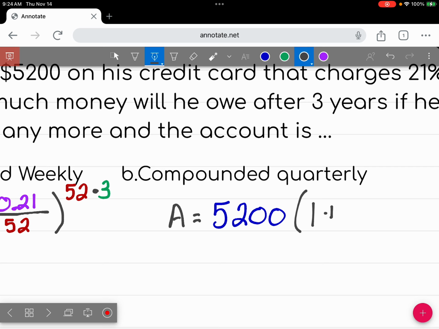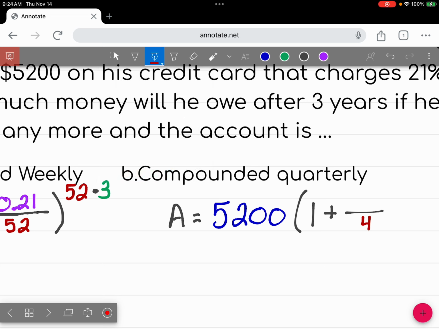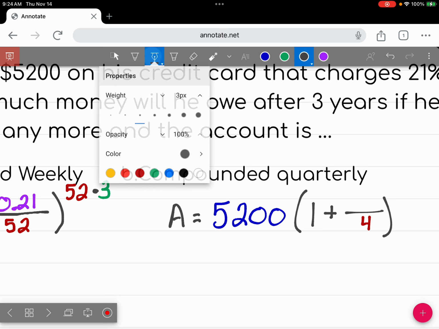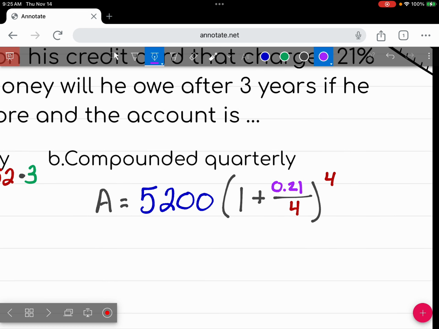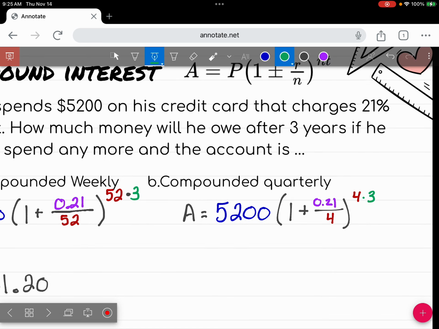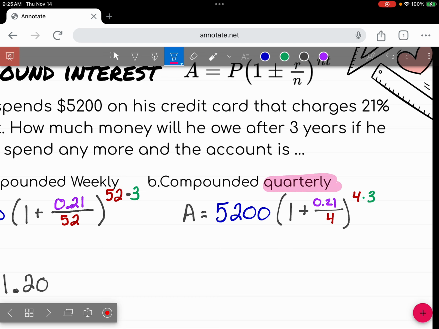So we're going to have our 1 plus. It's just that our n is going to be a 4 this time. Everything else stays the same. It's just that we're compounding quarterly instead.